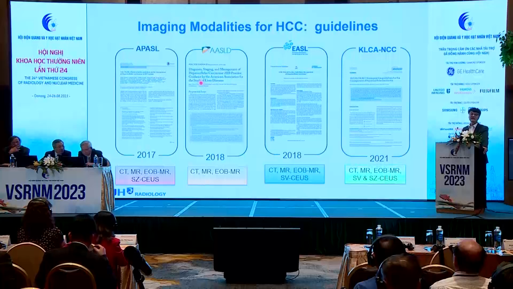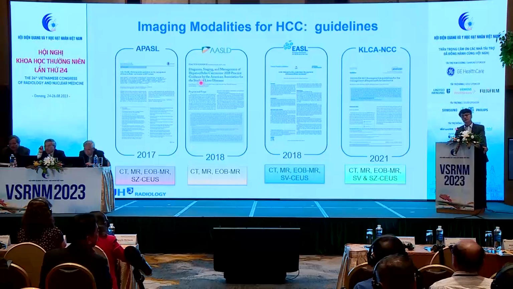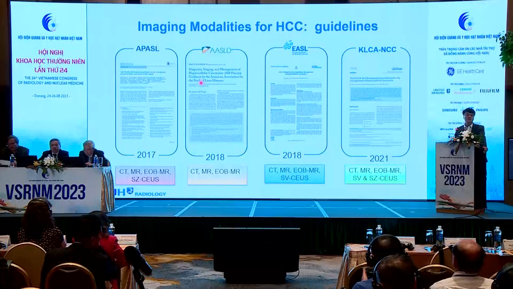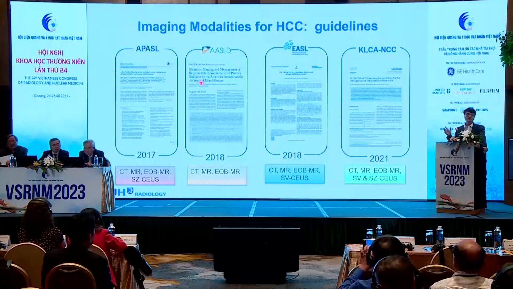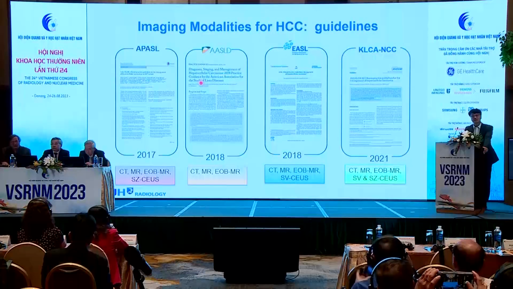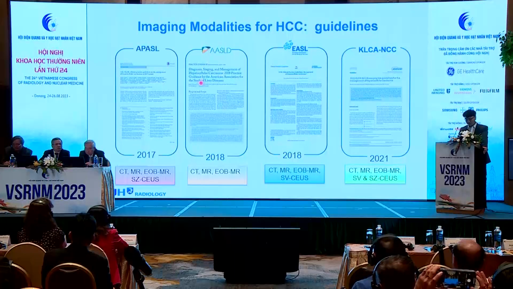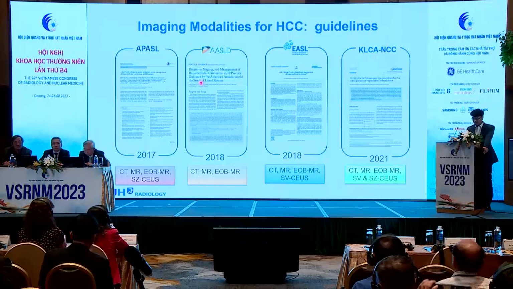And the Asian and Korean guidelines include SonoVue and Sonazoid enhanced ultrasound. Although the American guideline did not include CEUS, EASL also includes contrast-enhanced ultrasound, and SonoVue is the contrast agent.